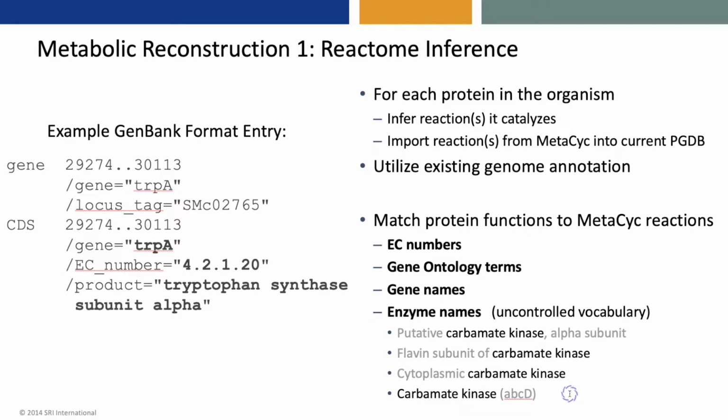We have algorithms for honing in on the core enzyme activity to allow us to locate that, which can be looked up in MetaCyc, and thereby the program is not confused by all these additional words in the protein function. All right, so the output of the reactome inference phase is a list of inferred reactions for the metagenome that the enzymes in the metagenome can catalyze.